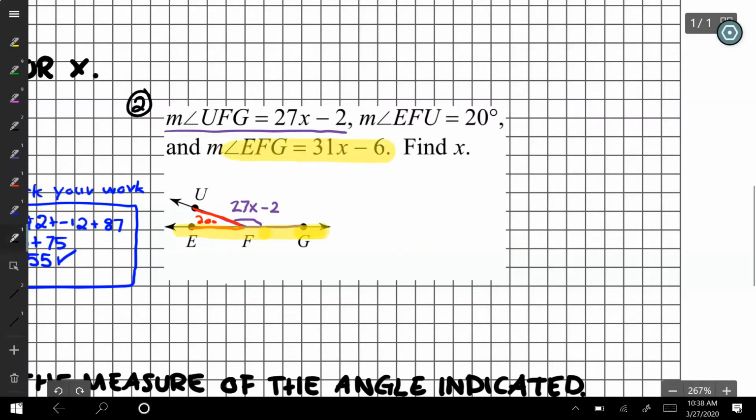So we're going to set up our postulate. So EFG is going to equal UFG plus EFU. Alright, so now we're going to go through and plug in everything that we know.